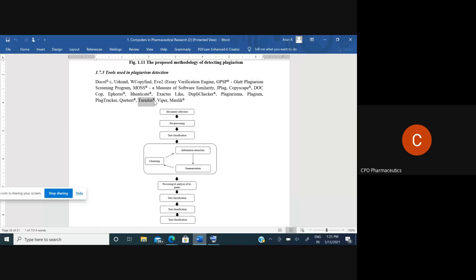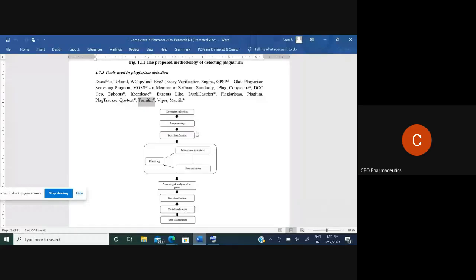You need to collect a document, then go for pre-processing, and then it will go for text classification, which will classify the text into types like information extraction. Then it will summarize the information, process it, and again go for text classification. Likewise, it goes through multiple layers of text classification.